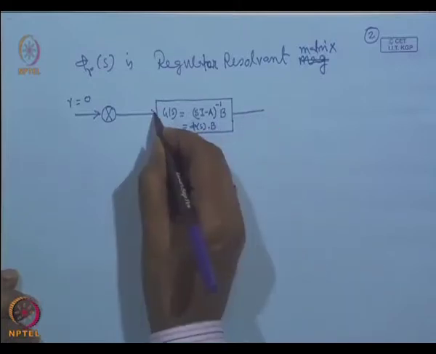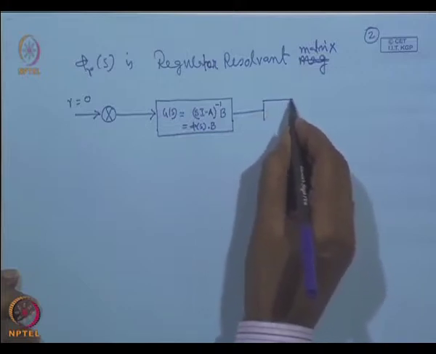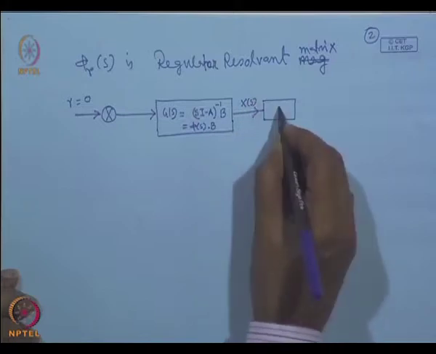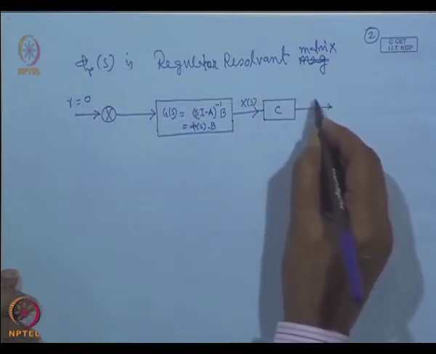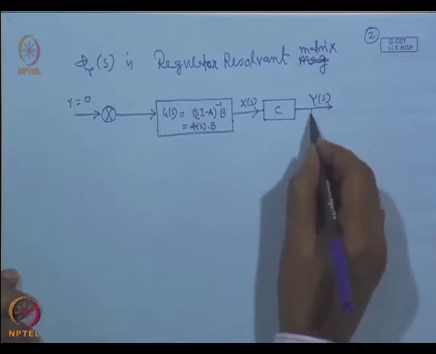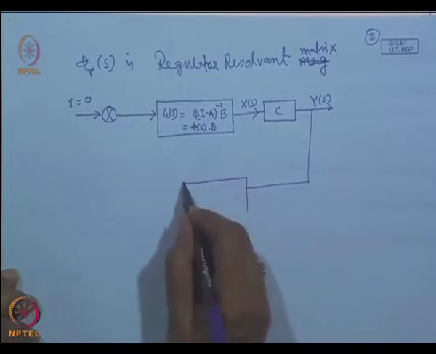This is our C matrix. The output of this is x of s, and with C, this is our y of s. Agree? And from this we have our Kalman filter.